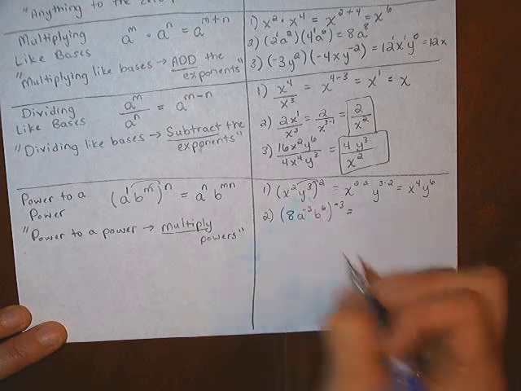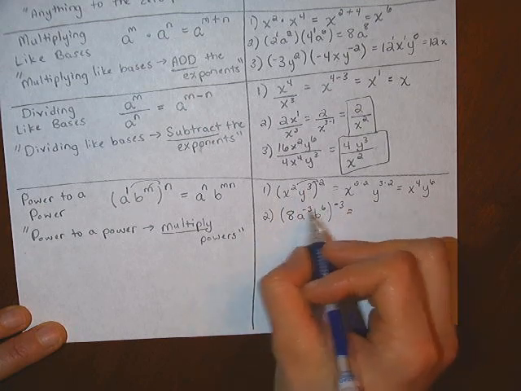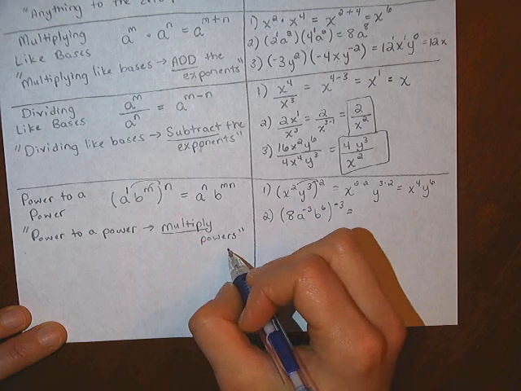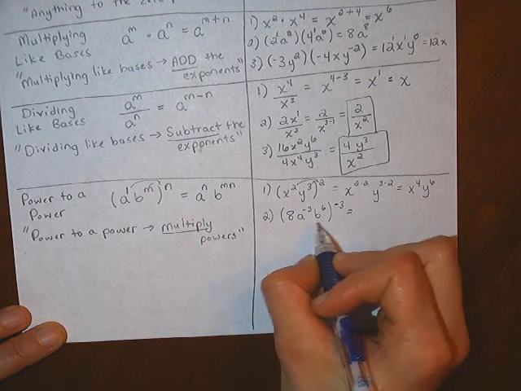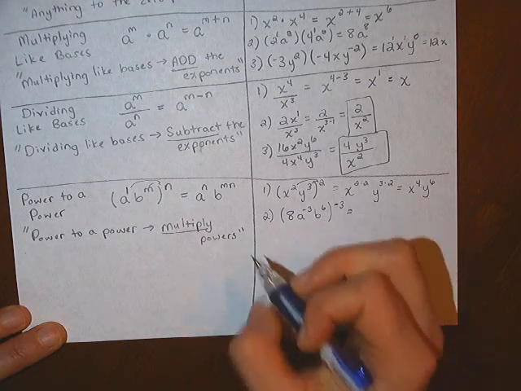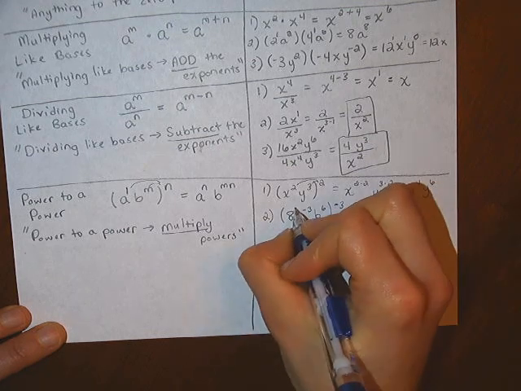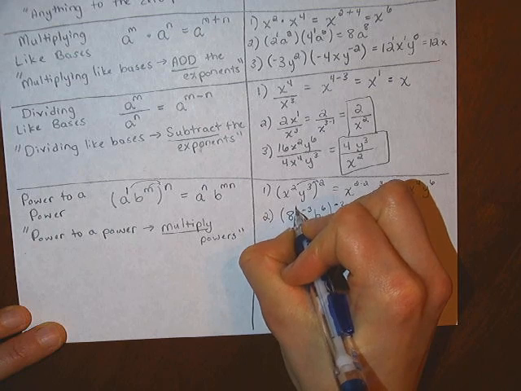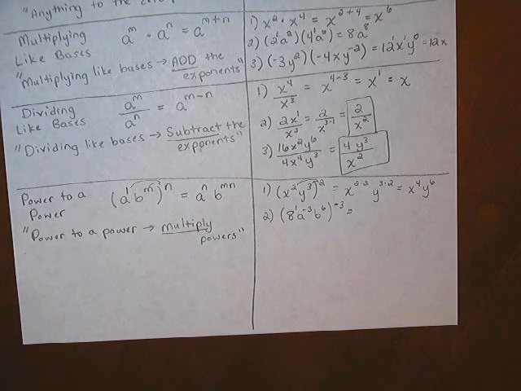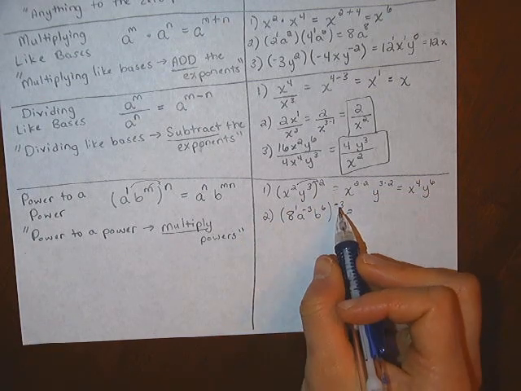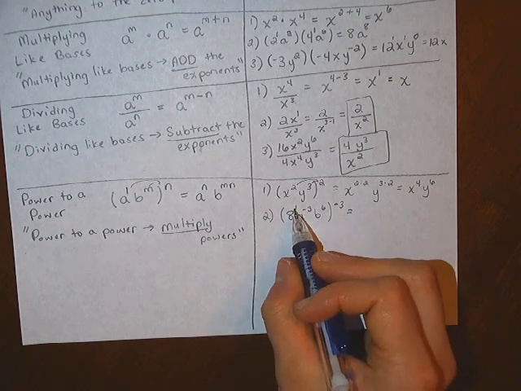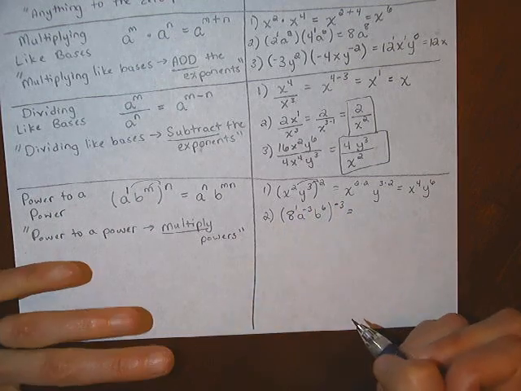Just like what we did in all the other problems, if you have a power to a power, you multiply the powers. But we do have a hidden power in here, so hopefully you noticed it. This 8 does not have an exponent with it. Because it does not have an exponent, you've got to put the 1 with it, because if you forget that, you will forget to distribute that power to all the powers that you're supposed to.